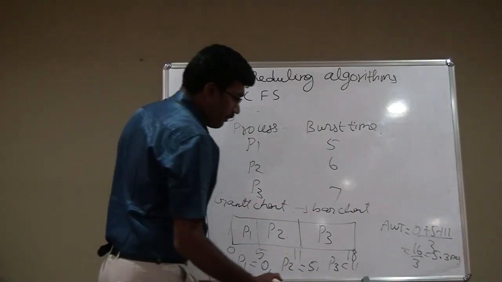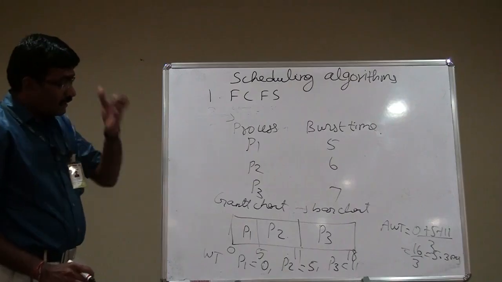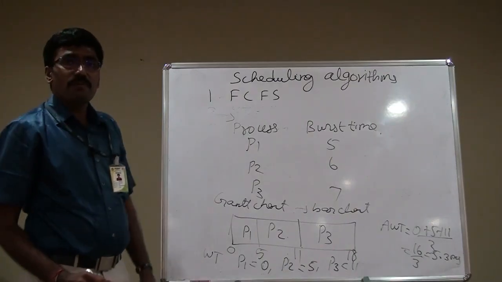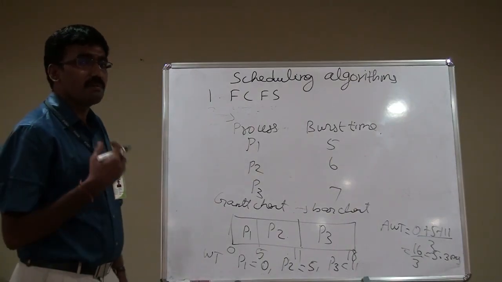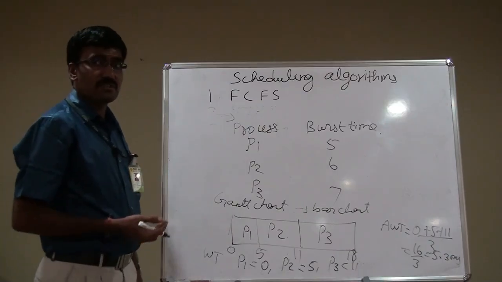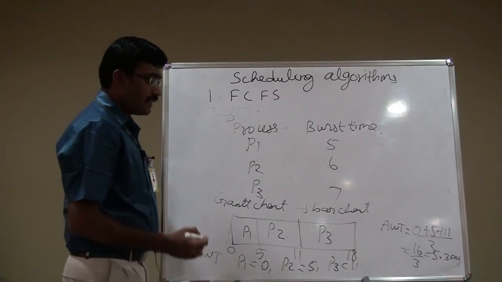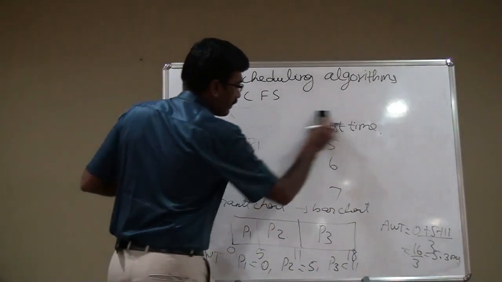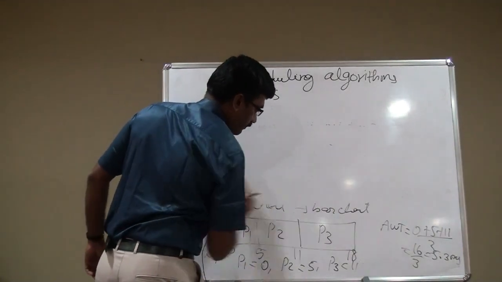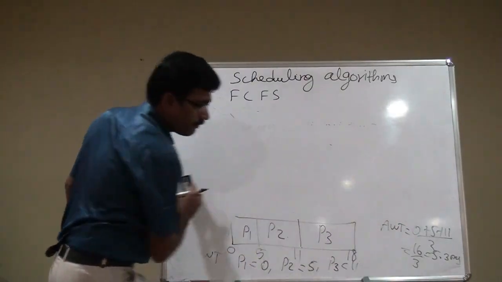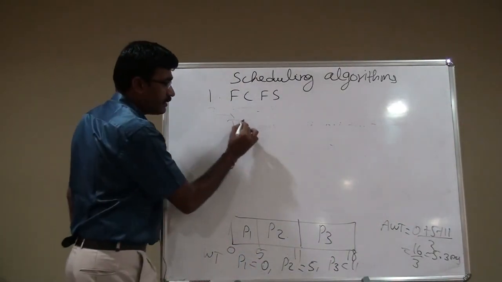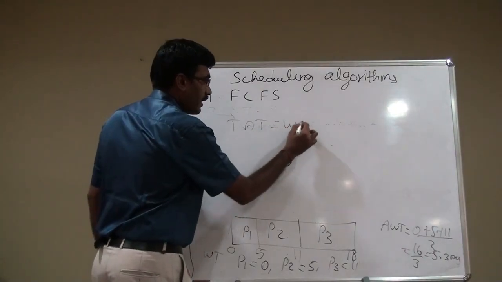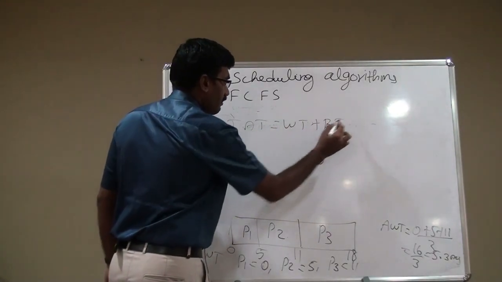Turnaround time means the time interval between the submission and completion of the process. The turnaround time formula is waiting time plus burst time of every process.